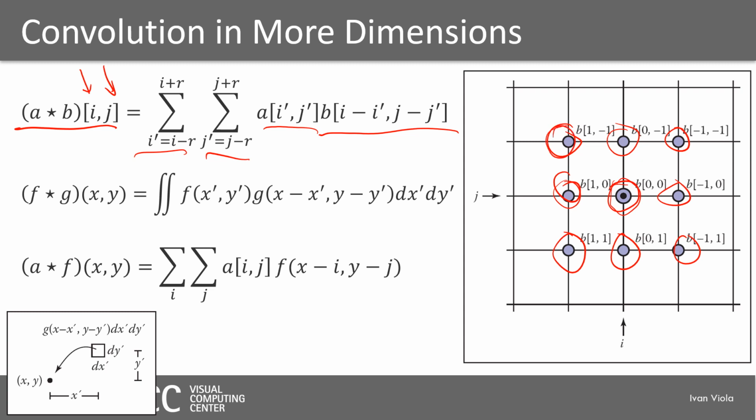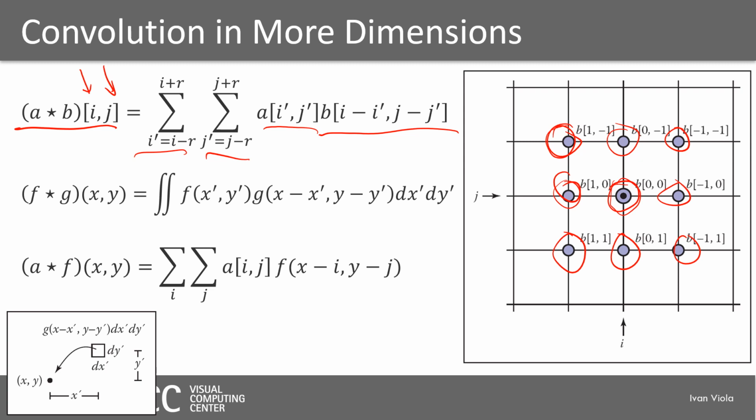And maybe everywhere outside, B is defined as 0. So this is a discrete case where we have a sample representation for both signal and also for the filter kernel.